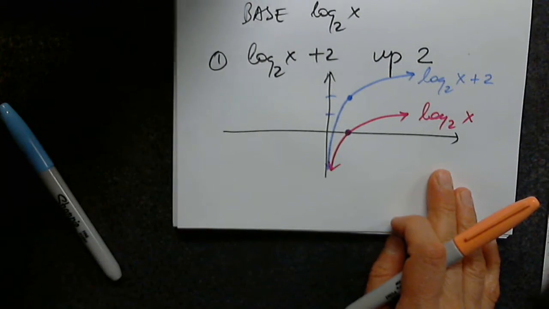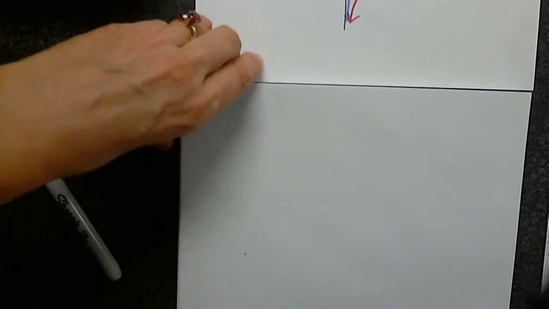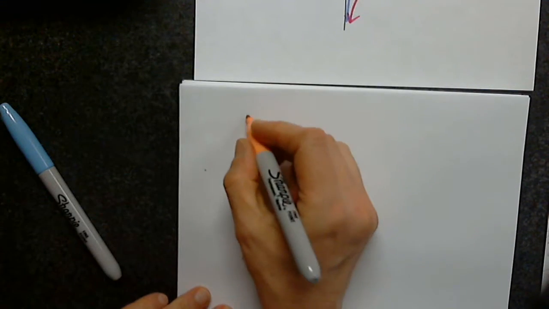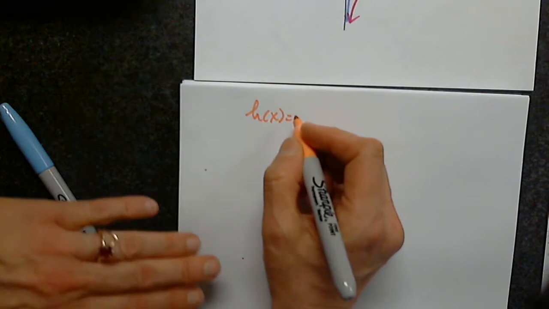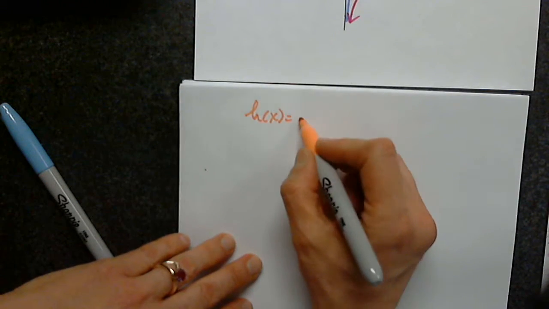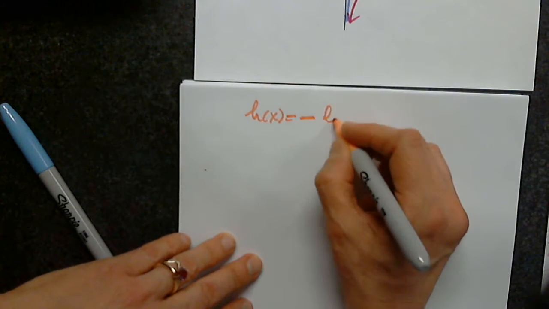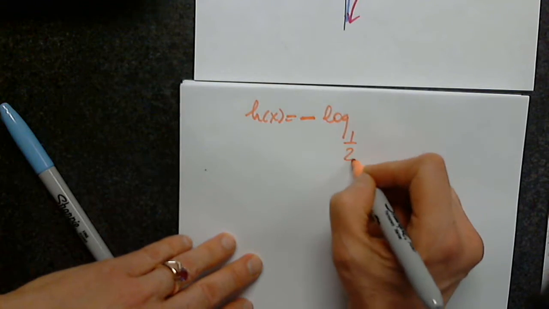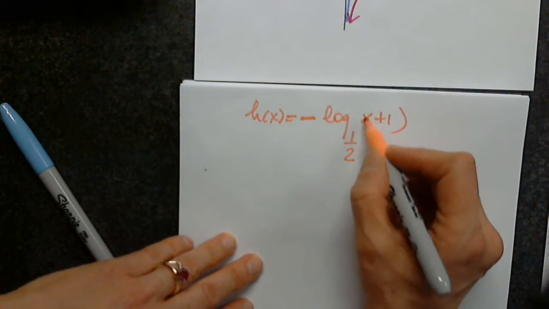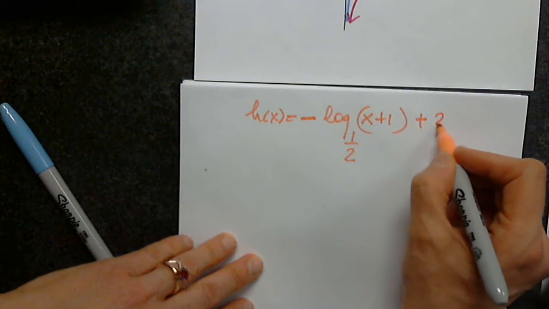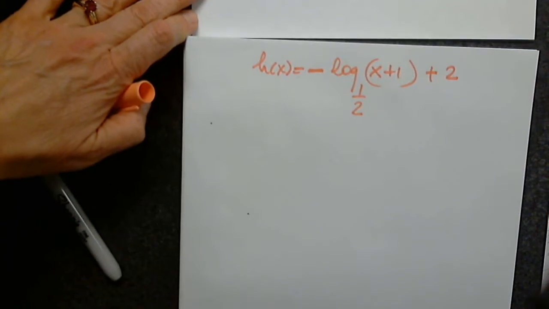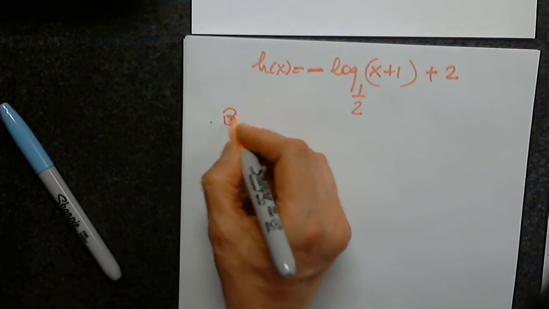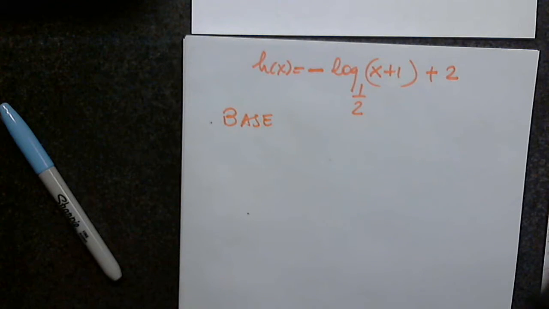Now, let's say I create a function that is this. Let's say I have h of x, which is negative log base 1/2 of x plus 1, plus 2. What is the base function that I used to create this one?